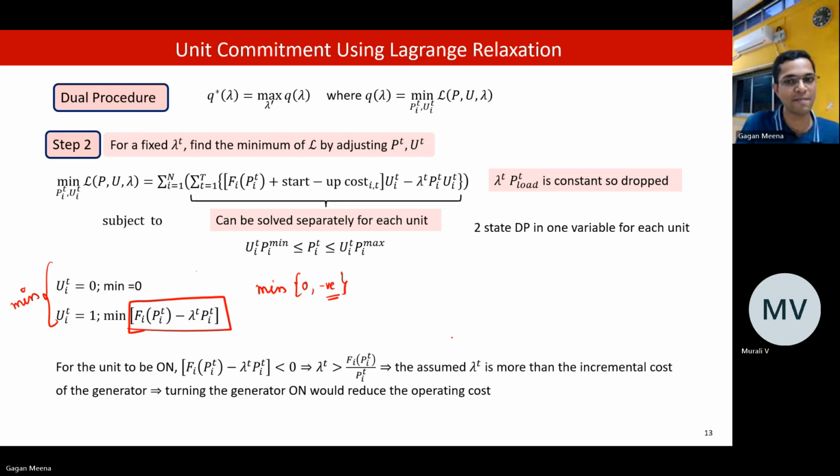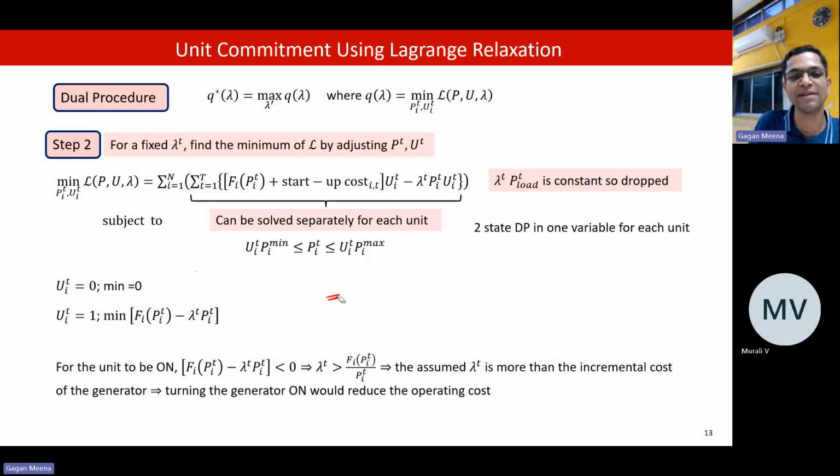Correct? Is this point clear? Yes, sir. Only when the cheaper generator is turned on will the lambda reduce.